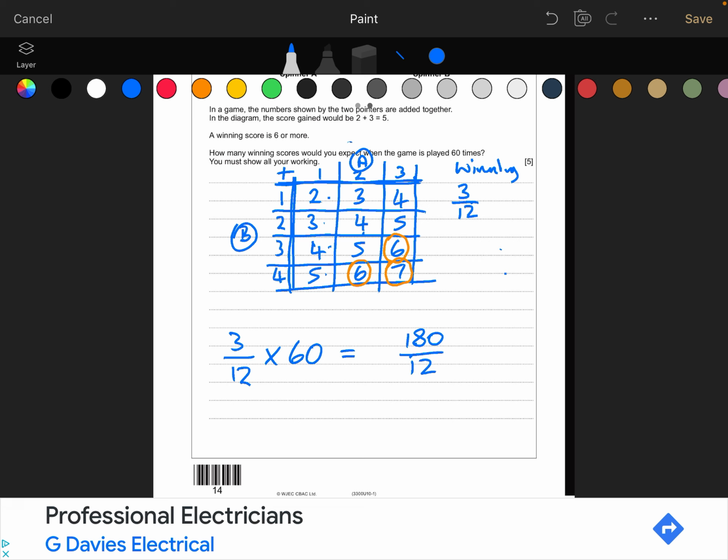Okay, so we need to be able to do that. I'm going to half those numbers to get 90 over 6. I'm going to divide that by 3, so that gives me 30 over 2, and then 15 is the outcome. Okay, 15 is the outcome. So there are 15 expected wins.